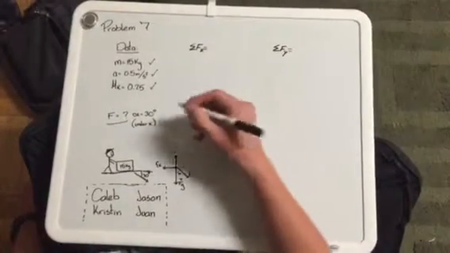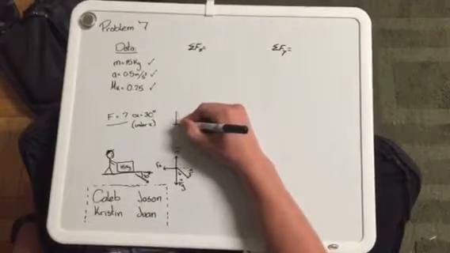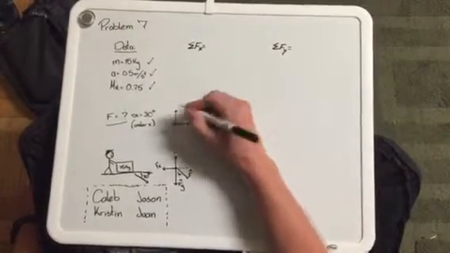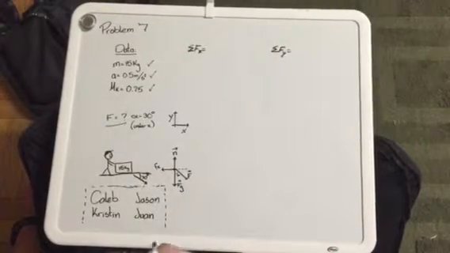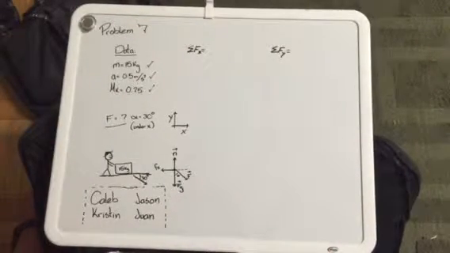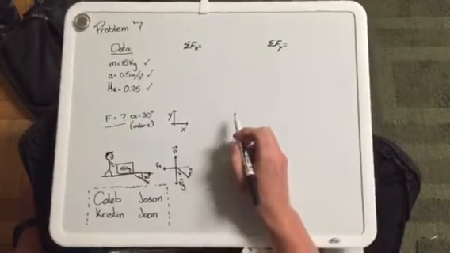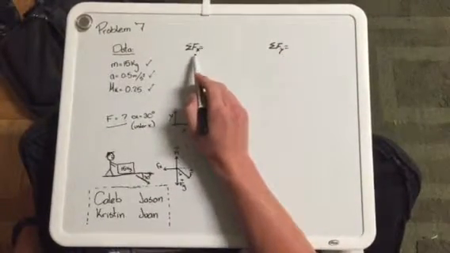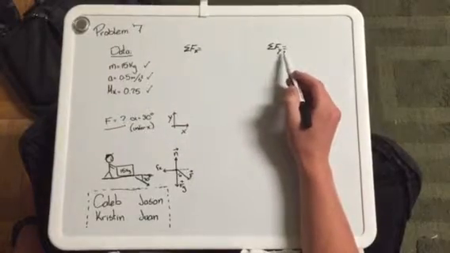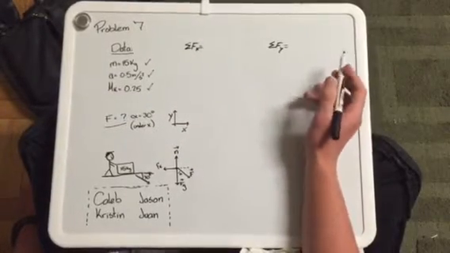Alright, first we need to make a coordinate system. The standard y in the up direction, x in the horizontal direction. And then we'd have to break it into components. So we have the sum of the forces in the x direction and the sum of the forces in the y direction.